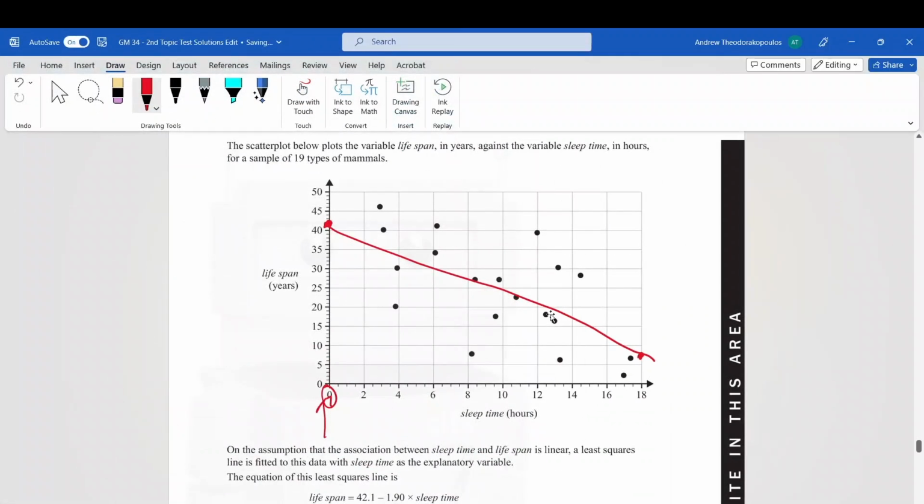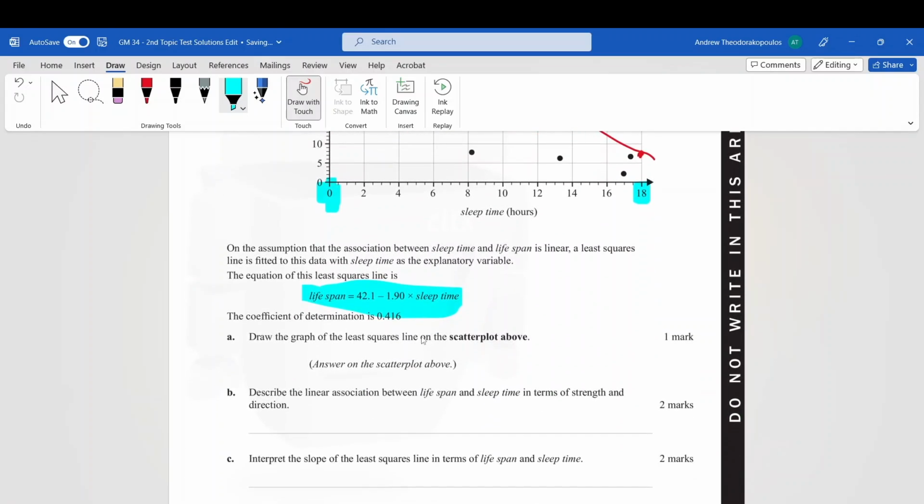That would be the best way to always get this question correct. Just to repeat what I've done: I substituted the leftmost value into the equation and got this point here, and I substituted the rightmost value and got this point here. That way you'll never get it wrong.